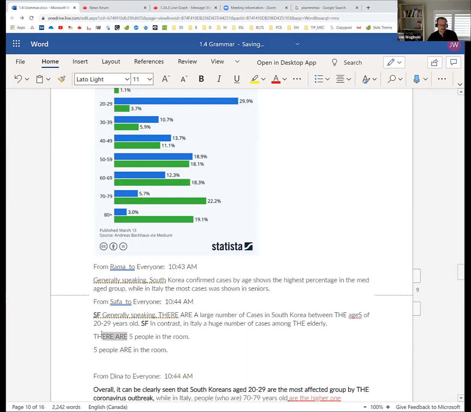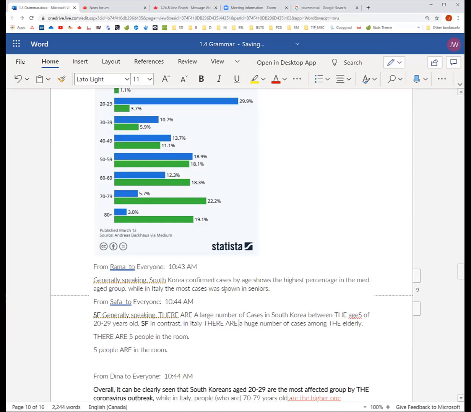This is a dummy subject, right? Because there doesn't mean anything. There are just means there exist. It means nothing, but we use this to preserve this sentence structure format. So in contrast, in Italy, there are a huge number of cases among the elderly people. Now it's okay.